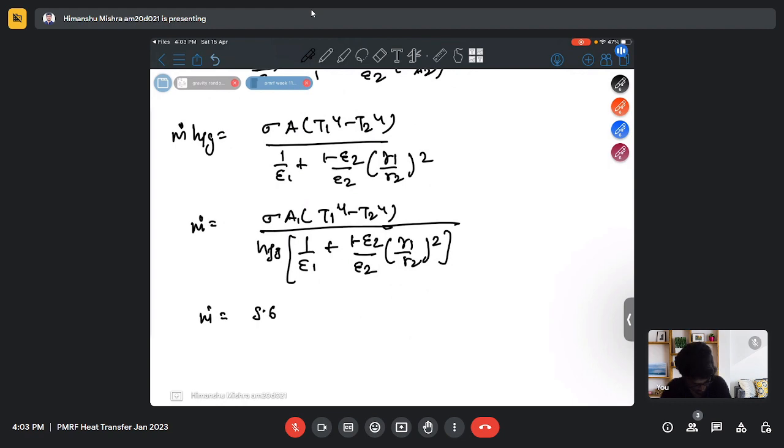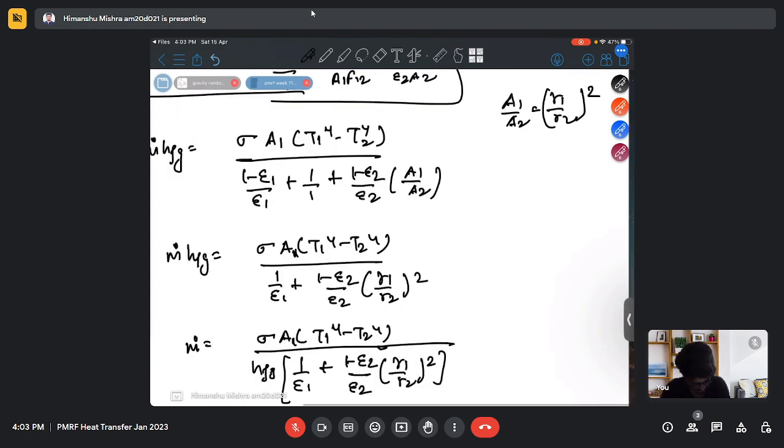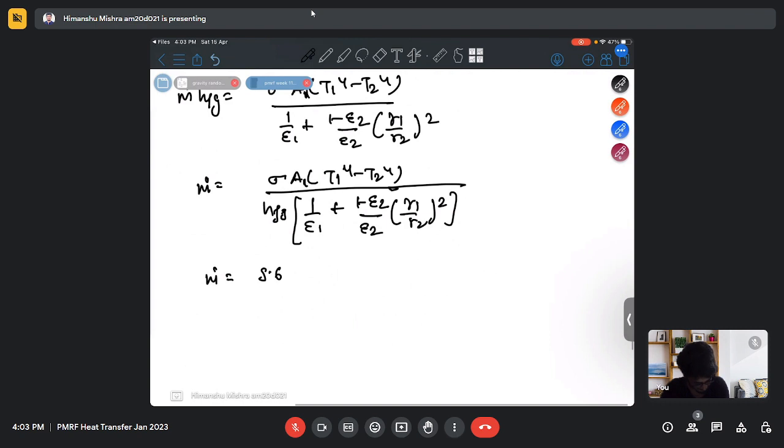So this is my area A1. My T1 is 95 and T2 is 280.